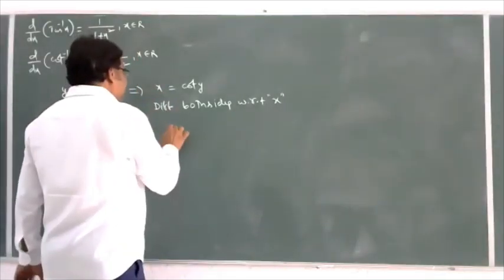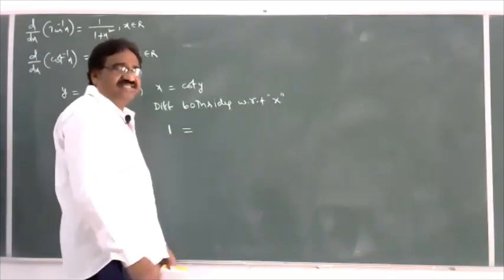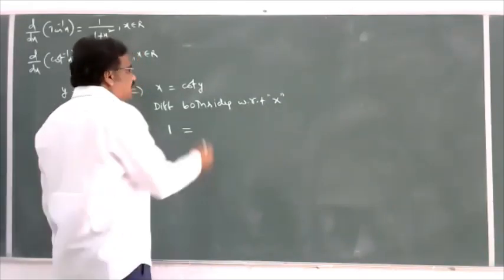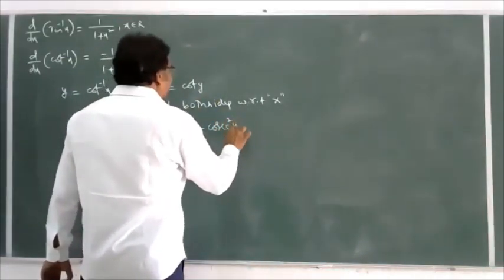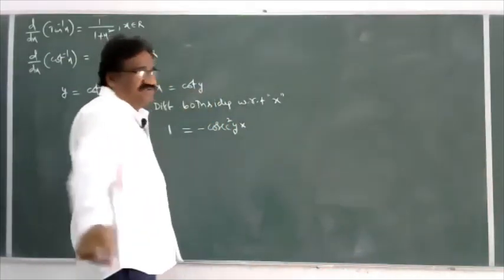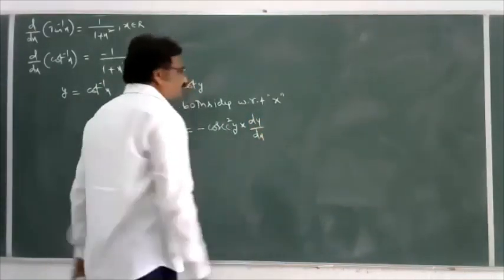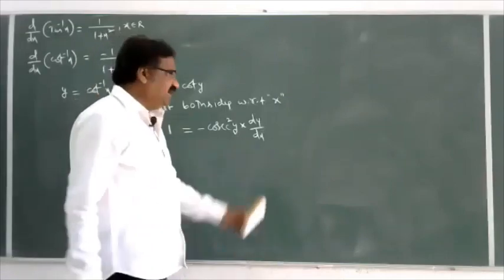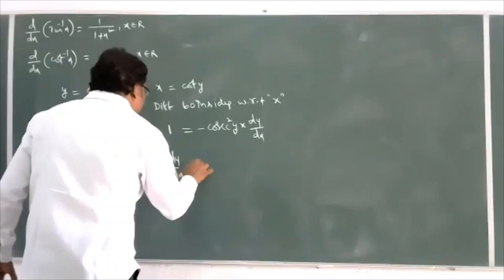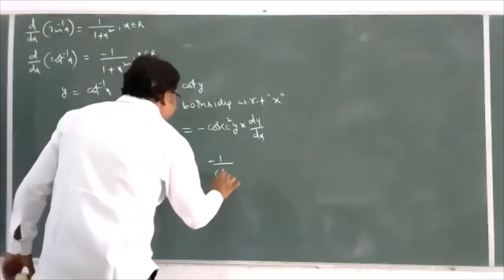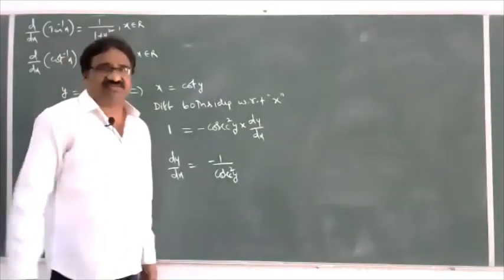The derivative of x is 1, that is equal to the derivative of cot y. What is the formula for the derivative of cot x? Minus cosecant square x. Like that, the derivative of cot y is minus cosecant square y into the derivative of y by using the chain rule, that is dy by dx. From this, you get dy by dx is equal to minus 1 by cosecant square y.